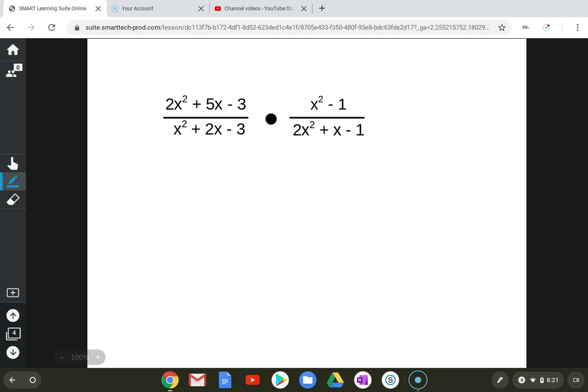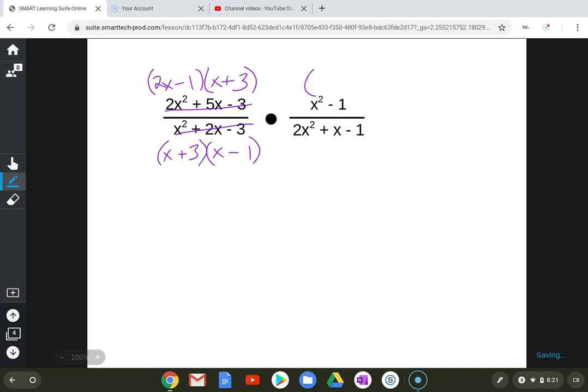So our first numerator factors into 2x and x. We have a 3, we have a 1, we want a positive 5, so we want plus 6 minus 1. Our second expression here, our denominator, x, 3, 1, plus 3 minus 1.